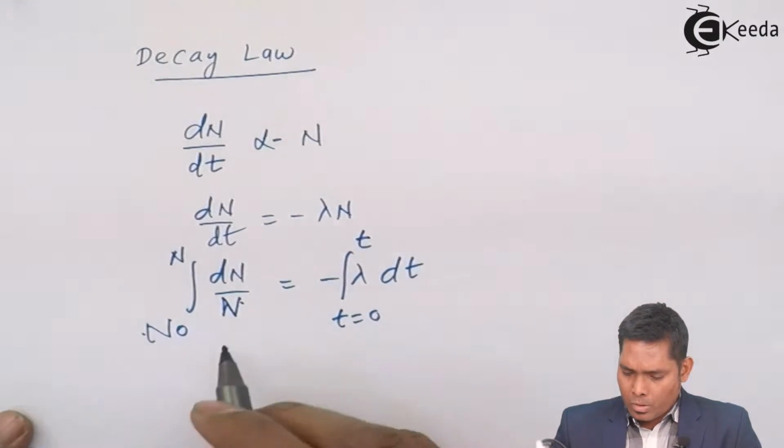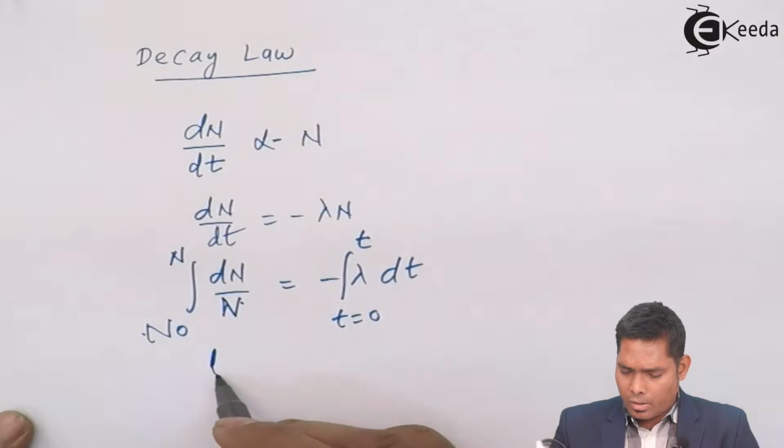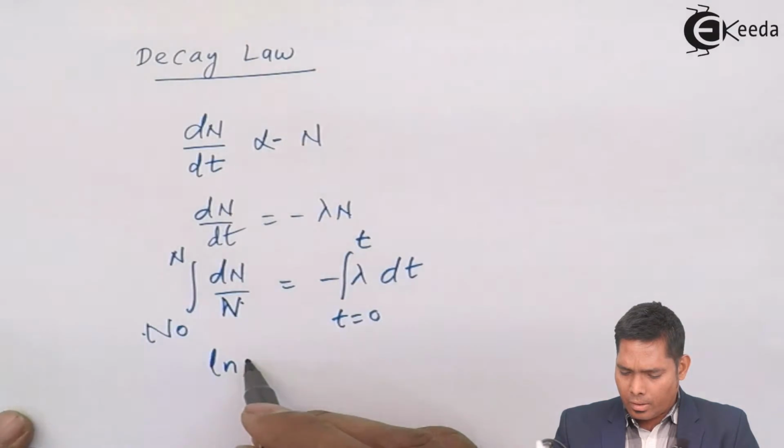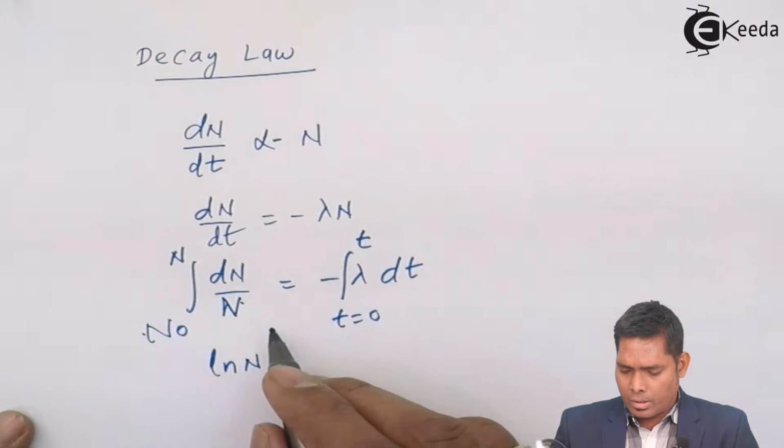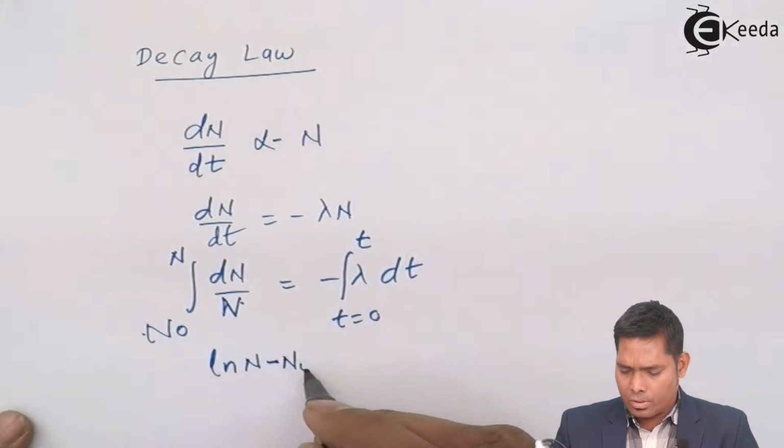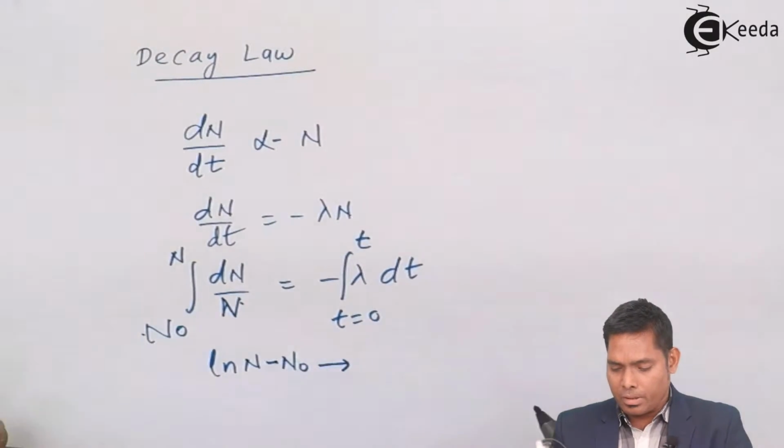So this is ln n, and this minus this. Let me write this on the next page.